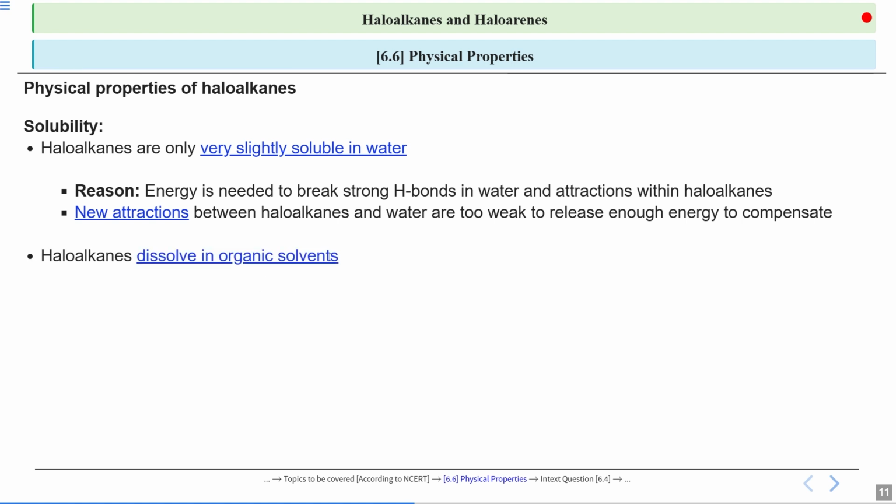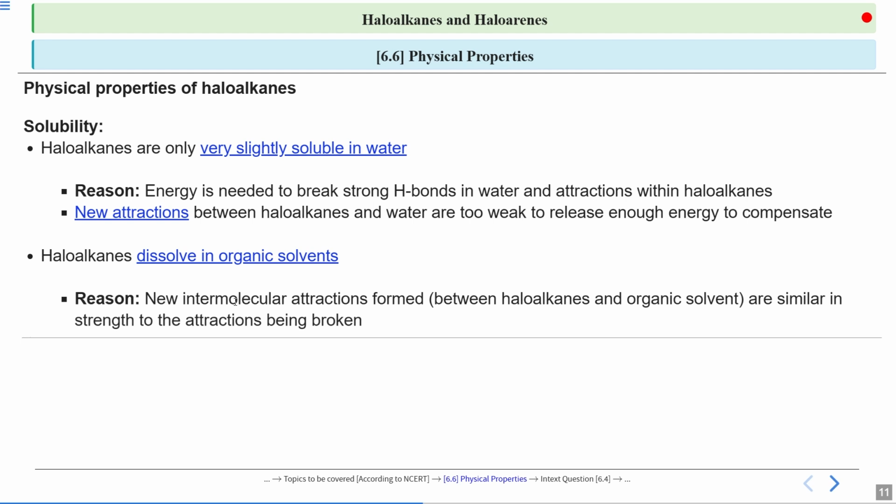Haloalkanes dissolve in organic solvents. Okay, why is it so? The reason is that the new intermolecular attractions formed between haloalkanes and the organic solvent are similar in strength to the attractions being broken. Both the haloalkanes and the organic solvents are generally non-polar or weakly polar.